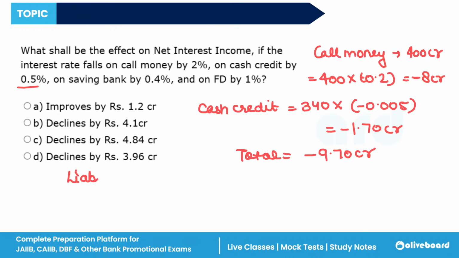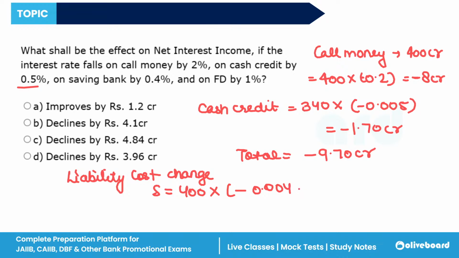Now the liability cost change. Savings 400 decreases by 0.4%. That means it equals 1.60 crore.